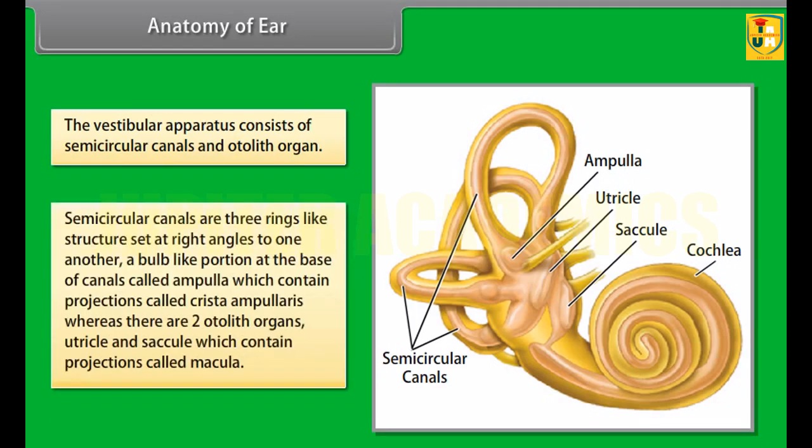Semicircular canals are three ring-like structures set at right angles to one another, with a bulb-like portion at the base of the canals called the ampulla, which contains projections called crista ampullaris, whereas there are two otolith organs, utricle and saccule, which contain projections called macula.